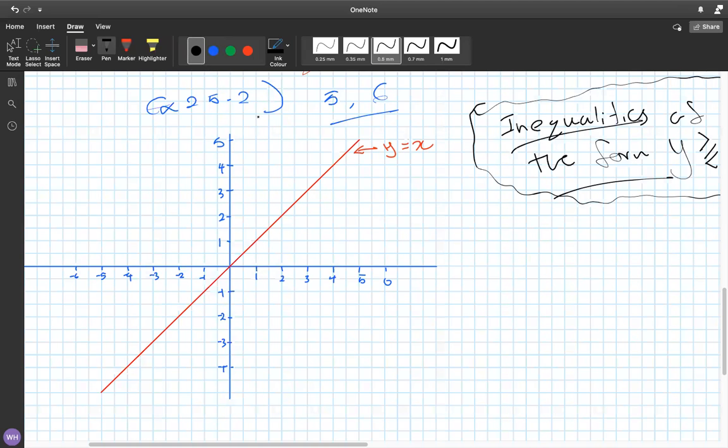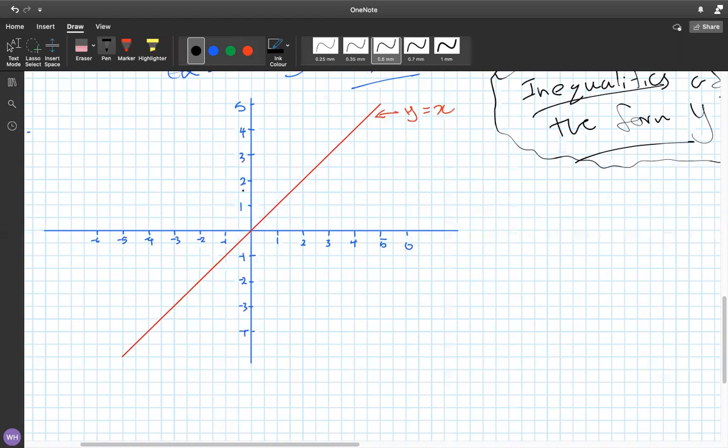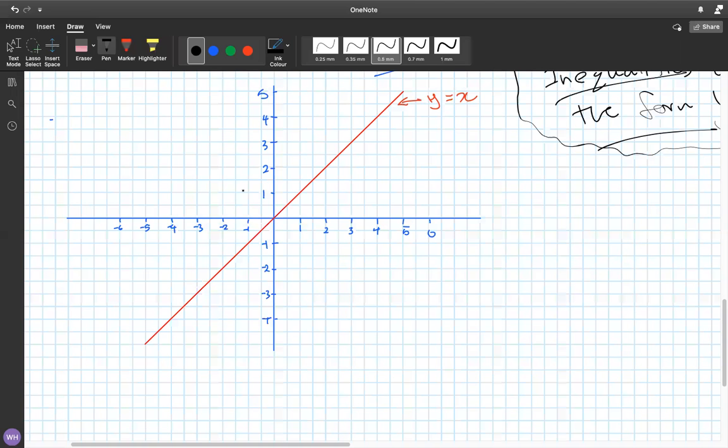All right, now you can see that I have drawn a coordinate plane right here. If you consider this red line, the equation of that one is y equals x. Simply, you know the form of this graph is y equals mx, and currently the value of m, the gradient, is 1, therefore it is y equals x.